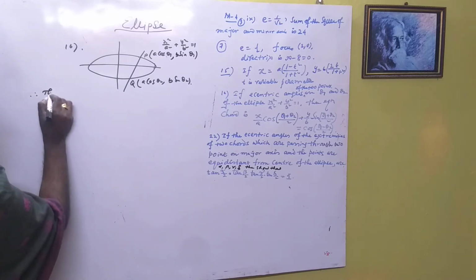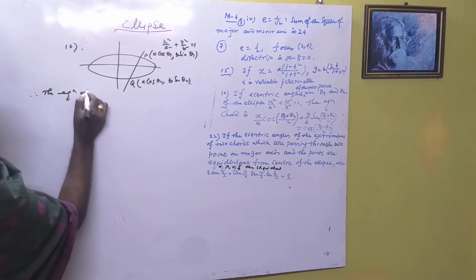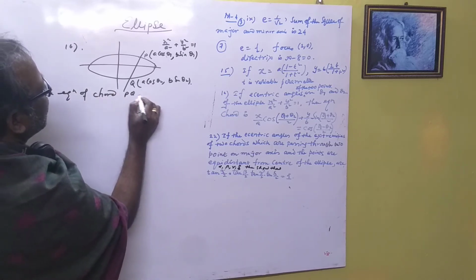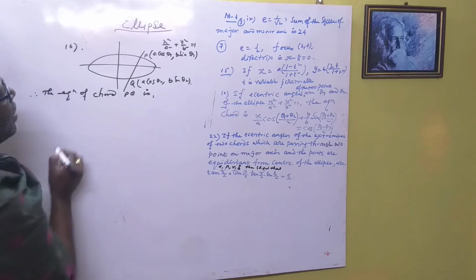Therefore, the equation of chord PQ is like a straight line.